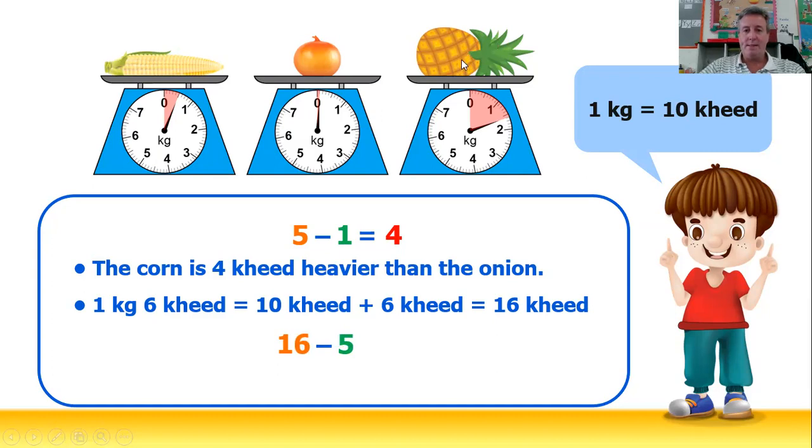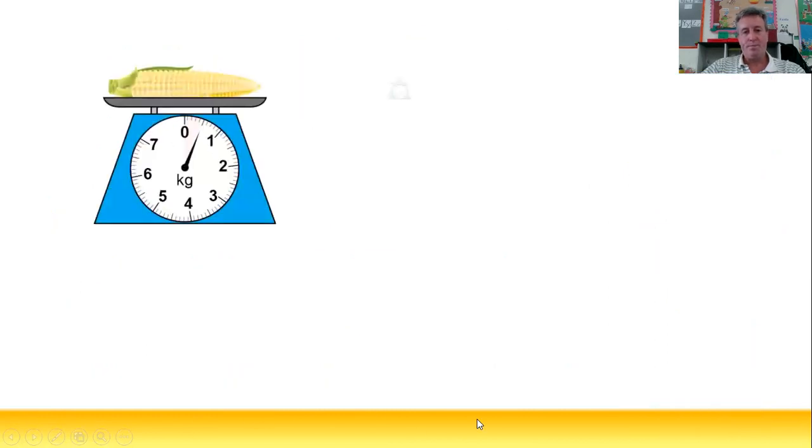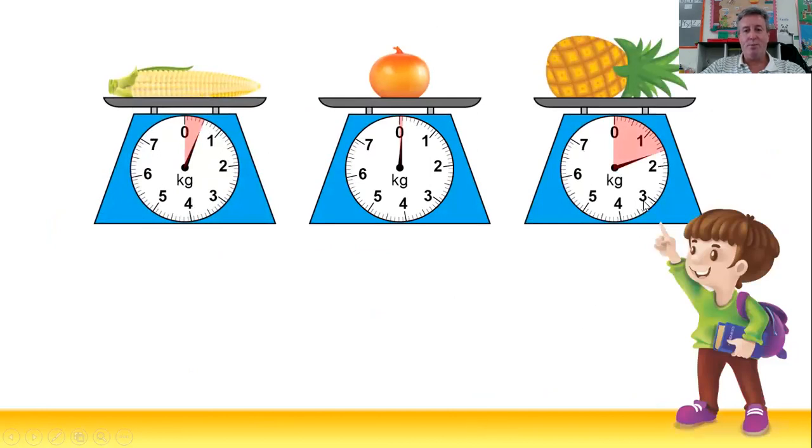16, the pineapple, 16 minus the corn, 5 equals, what's that? 16 minus 5 is 11. 1 kilogram and 1 kg, or 11 kg. The corn is 11 kg lighter than the pineapple, or the pineapple is 11 kg heavier than the corn. So now we can put them in order.